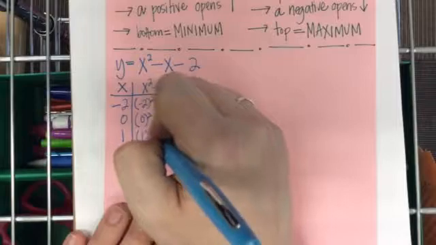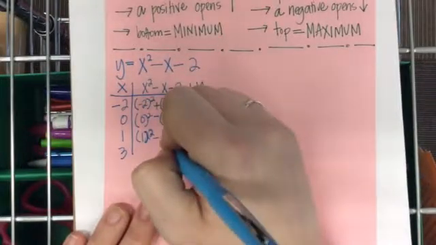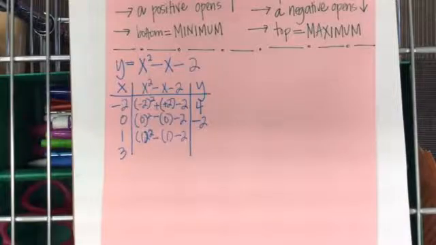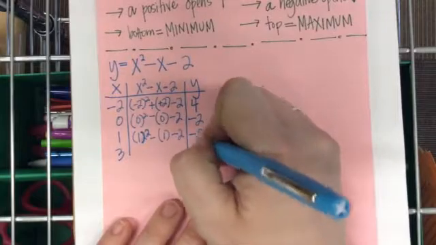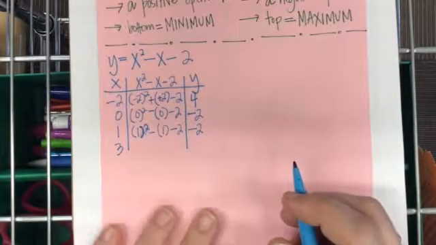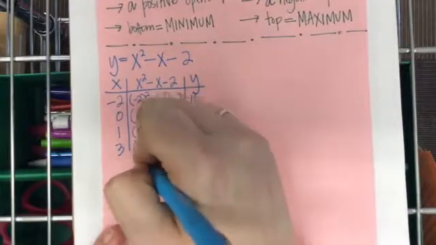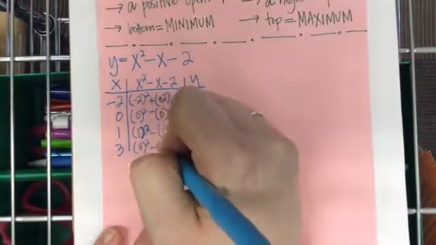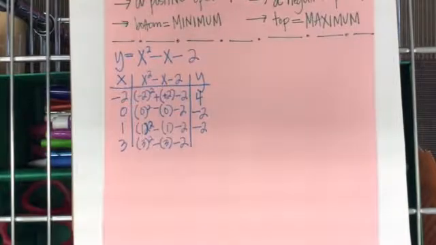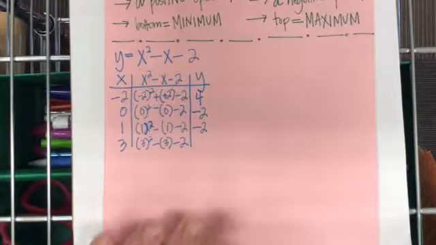Now 1 squared minus 1 minus 2. 1 times 1 is 1. Minus 1 is 0. Minus 2 is -2. Then 3 squared minus 3 minus 2. 3 times 3 is 9. Minus 3 is 6. Minus 2 is 4.